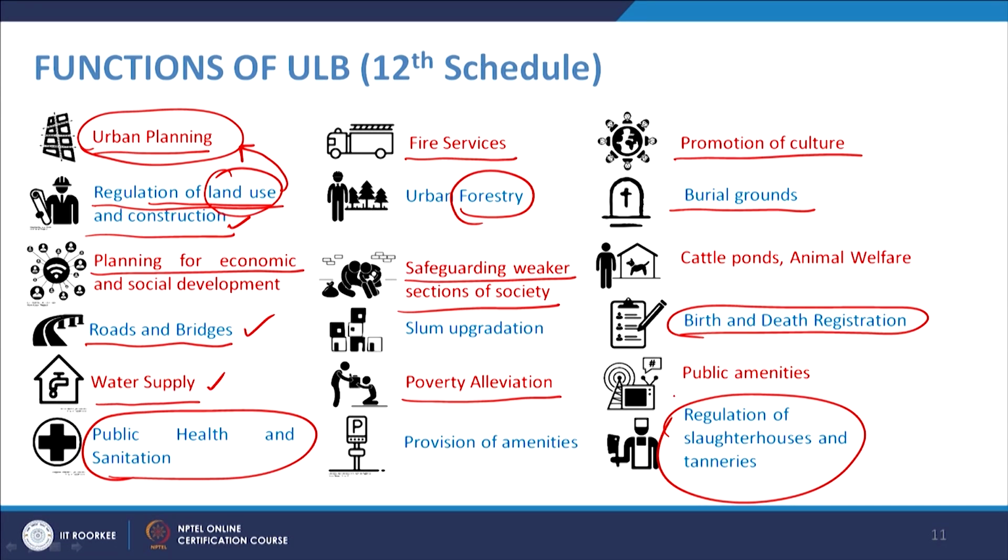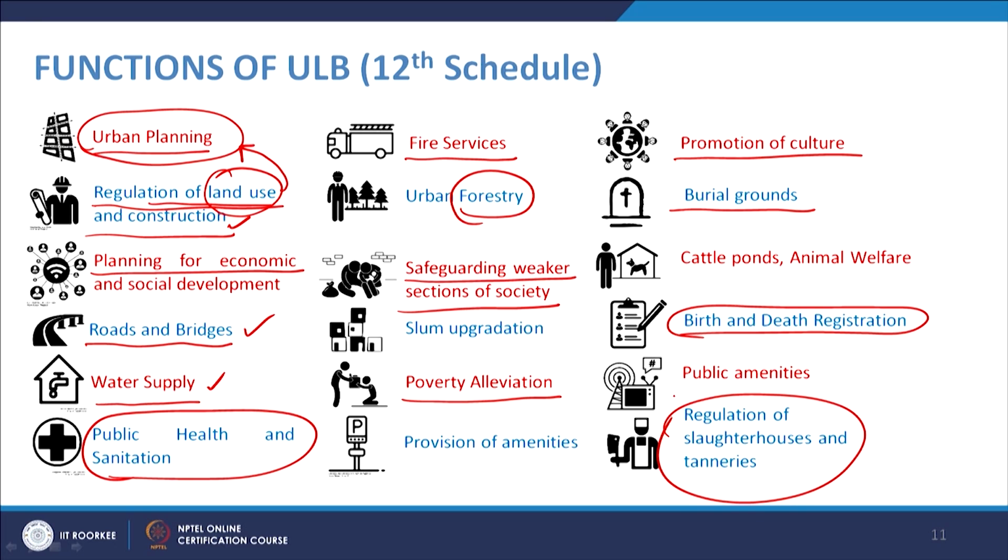Unless you regulate them by locating them in proper places, they can create very undesired environmental conditions. That is why it is very important to regulate them. So, these are all the 18 jobs mandated by the 74th Constitutional Amendment.